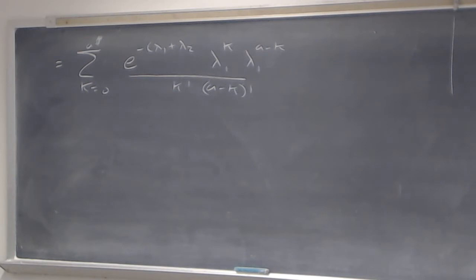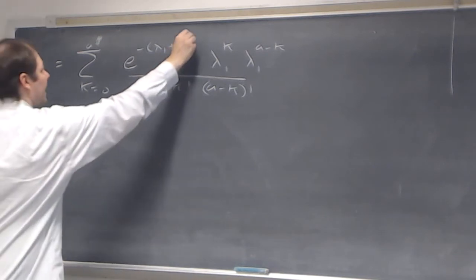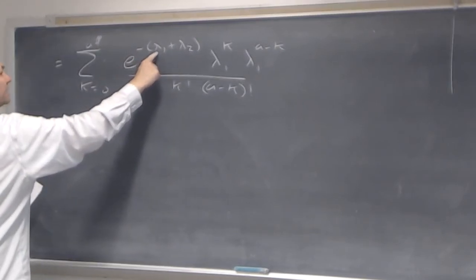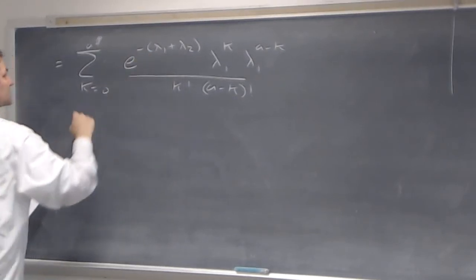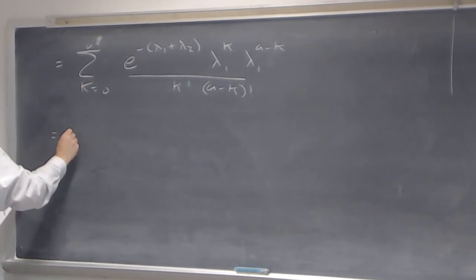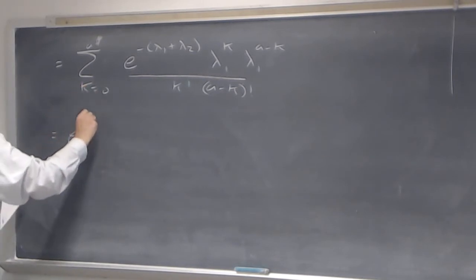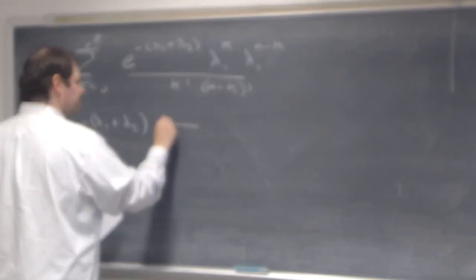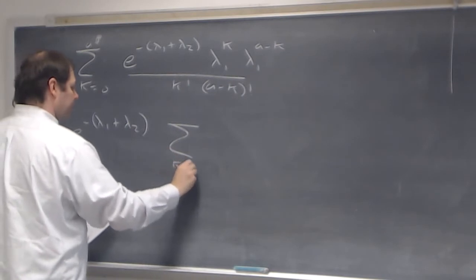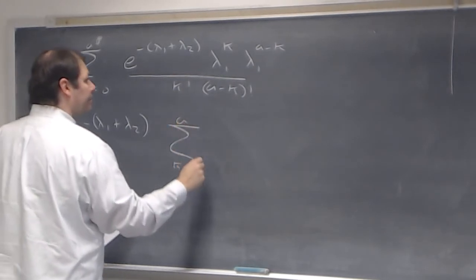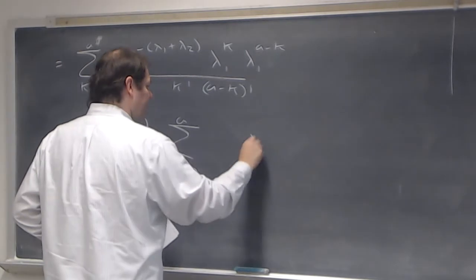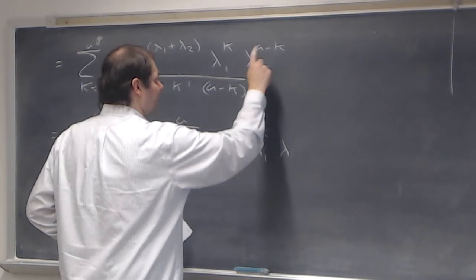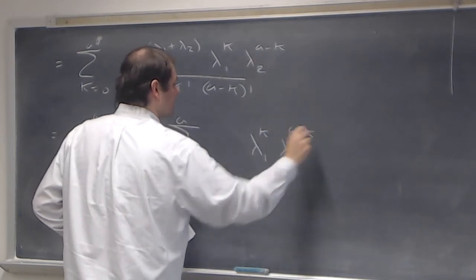Now, what I want you to observe is that we can pull out this e to the minus quantity lambda 1 plus lambda 2 because it doesn't depend on k. Now, here we have a sum as k runs from 0 to a, lambda sub 1 raised to k, and lambda sub 2 raised to a minus k.